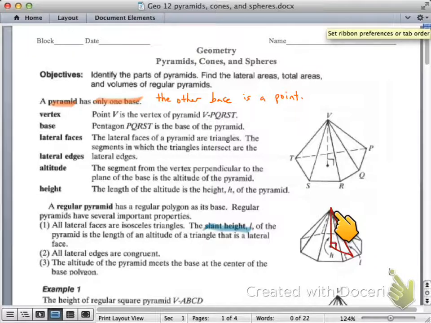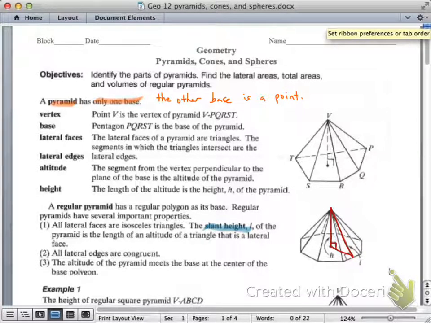The slant height is not perpendicular to the base. It is perpendicular to that side, with respect to that triangle. And then there's the height. When we talk about the height, we're talking about the height from the base to the vertex. That's going to be the height we're going to be using. But if we're going to use surface area and lateral area, we're going to talk about the slant height.